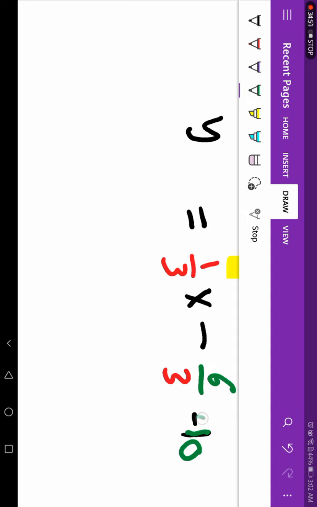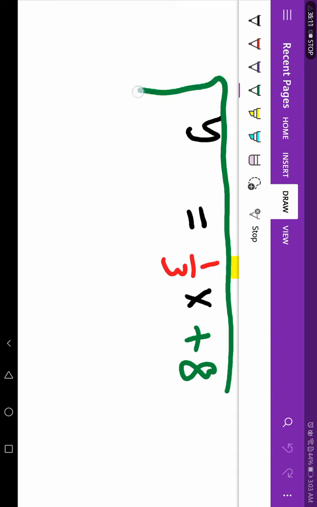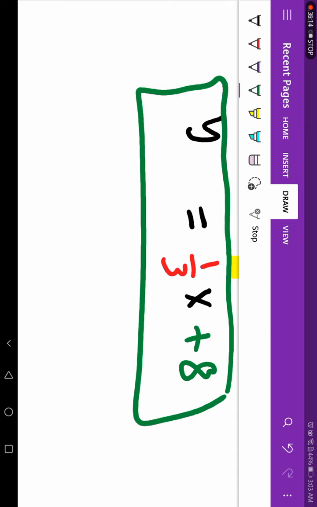But 6 over 3, as everyone knows, no, sorry, it is 2. Okay, and negative 2 plus 10 equals plus 8. And as you see, this is the slope-intercept form. Okay, my dear student?